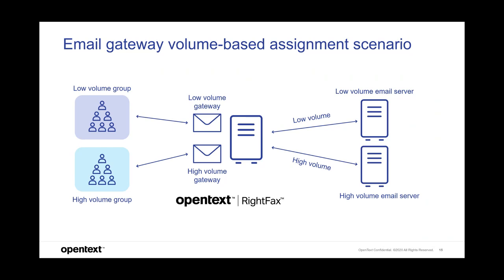If you have an email server that you know is going to be jam-packed with emails, not even faxes, you may want to ensure that your high volume group sends out through your low volume email server so that you don't impact production on that high volume email server, or vice versa. It's about control and being able to do your own traffic management for any faxes that start via email, and that's completely capable in the newest release.